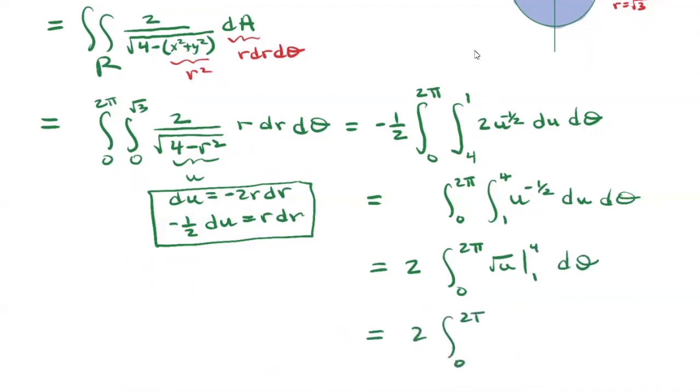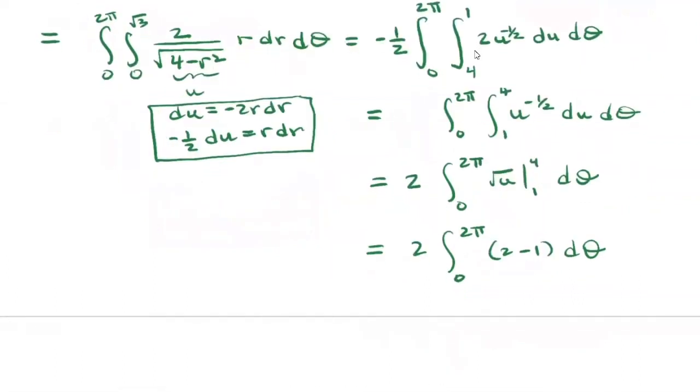Square root of 4 is 2, minus square root of 1, that's 1. So that's 2 minus 1 d theta, from 0 to 2 pi, so you're just going to get 2 times 2 pi, which is 4 pi. Double checking, that's what I got in my notes, so it's good to go.